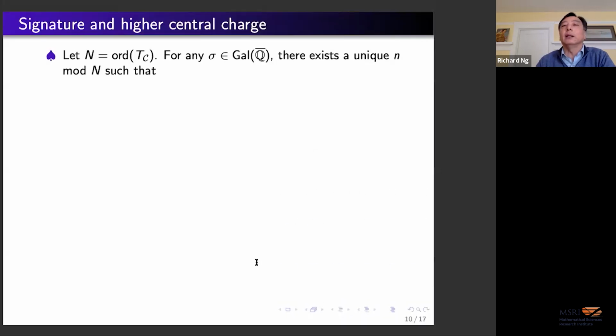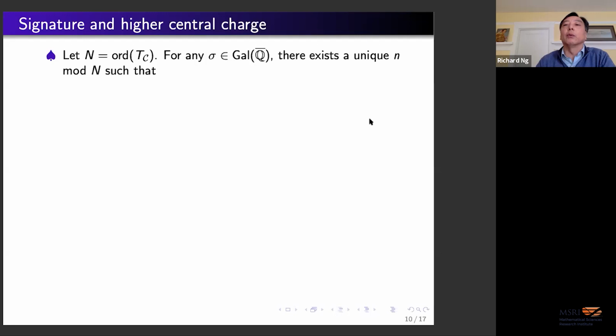For any automorphism in the absolute Galois group, I can restrict to any finite Galois extension over Q. I can restrict to the cyclotomic field generated by the n-th root of unity.